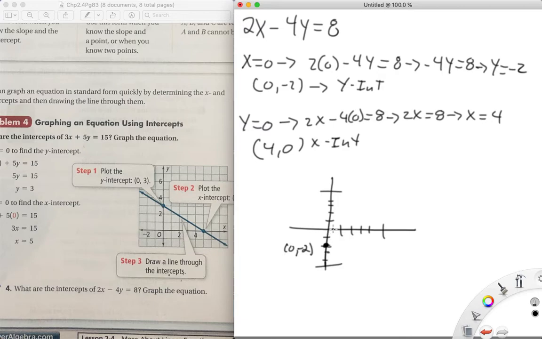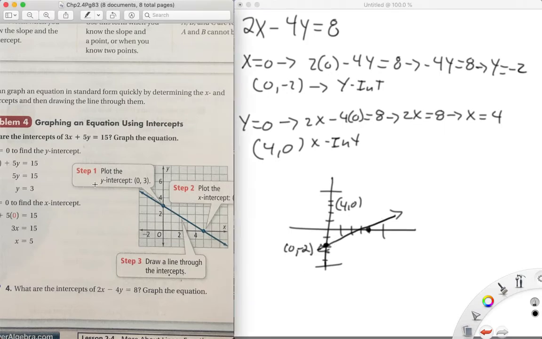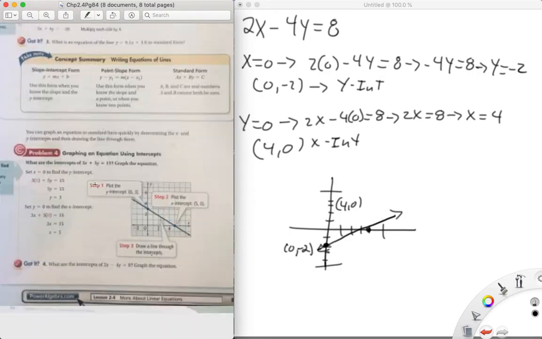And we have (4, 0), which is right here. And there we go. Okay.